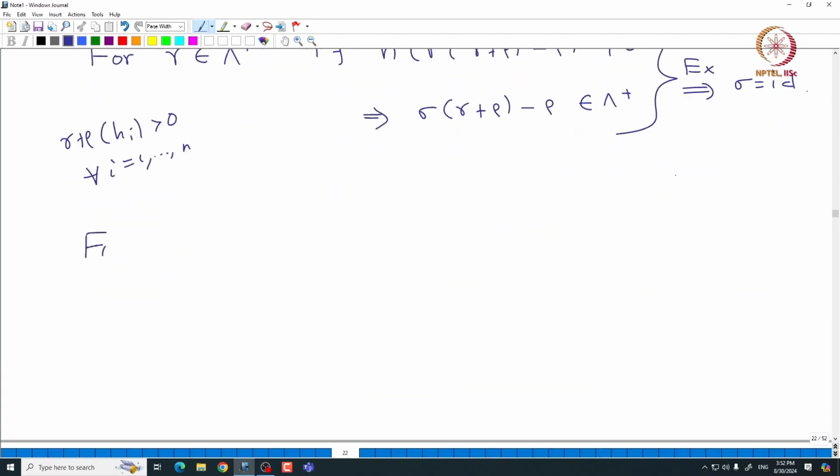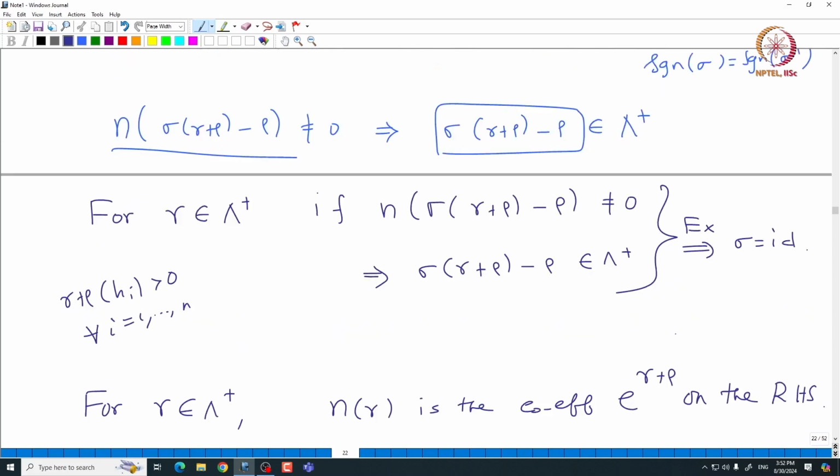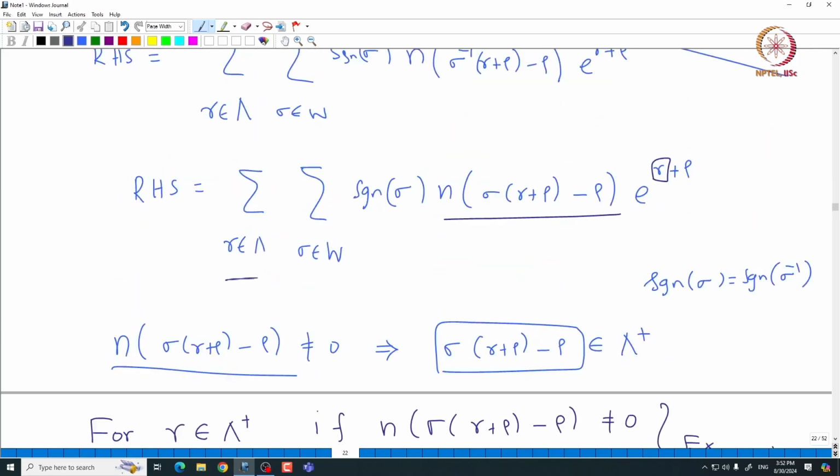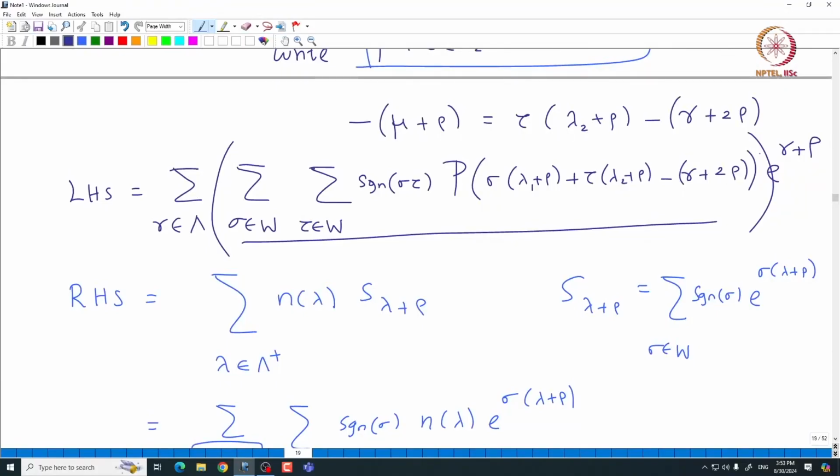So, for gamma dominant, n of gamma is the coefficient of e power gamma plus rho on the right hand side. Okay. So, that becomes clear with this observation. When gamma is dominant and n of sigma gamma plus rho minus rho is non-zero, that would force that sigma is identity. So, that is the coefficient that you are getting on the right hand side, which is n of gamma. So, that implies that what is the corresponding coefficient on the left hand side.